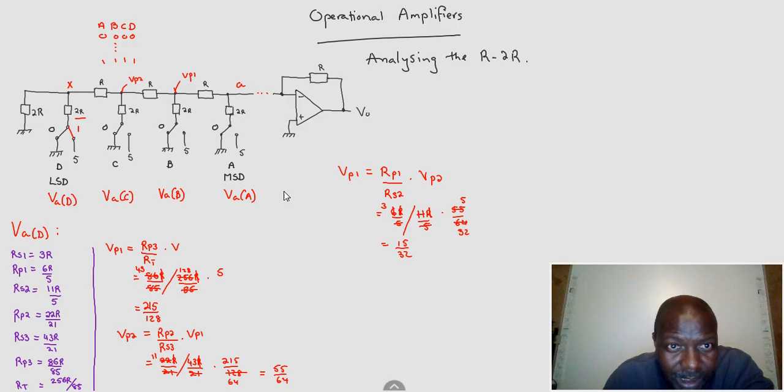Now the final part that we are going to do is share V parallel 1, because V parallel 1 is across these two.